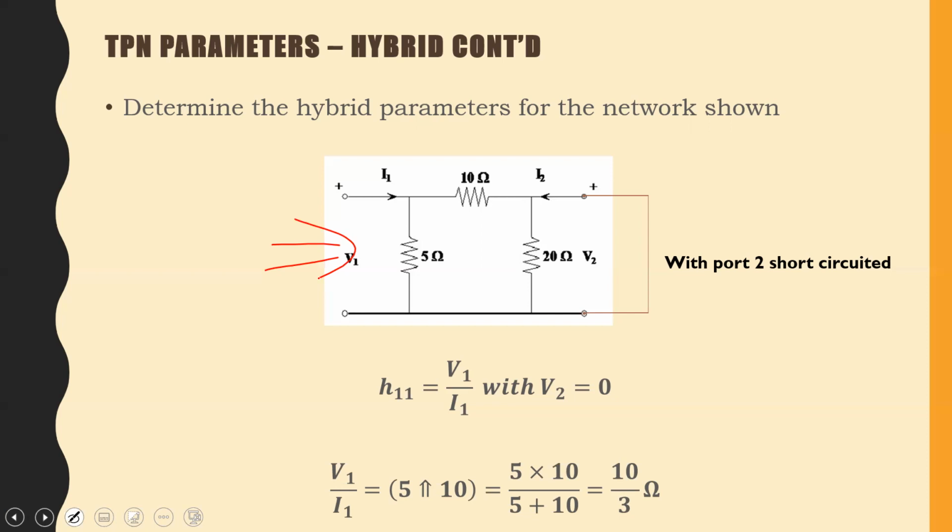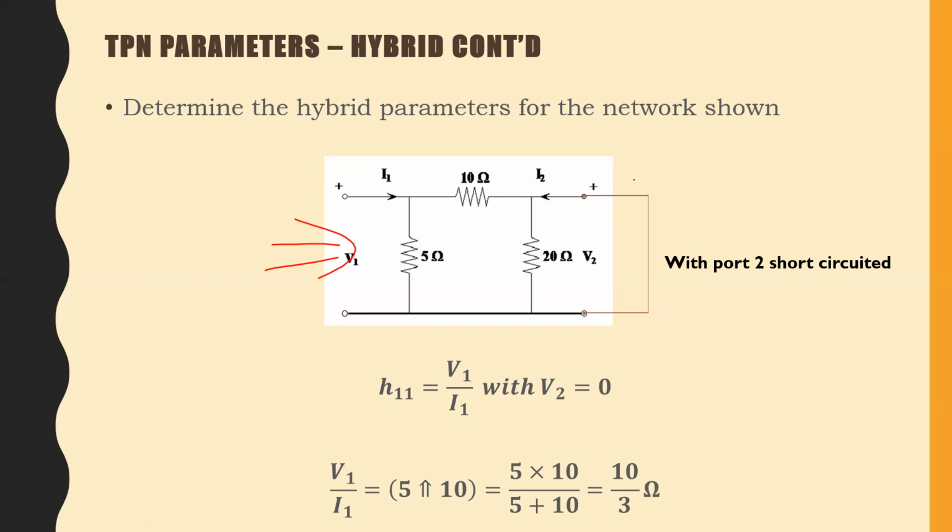So question, based on what we have before us, what would be the relationship between I1 and I2? First of all, where is I2 flowing? Yeah, I2 is going into the 10 ohm resistor. All right, so it's going through the 10 ohm and it's also flowing through the short circuited path, right?